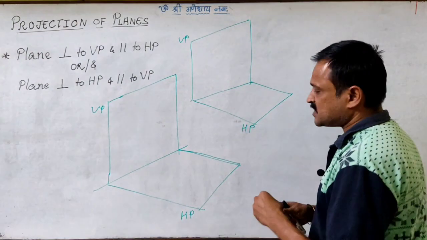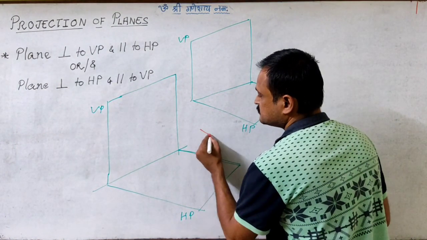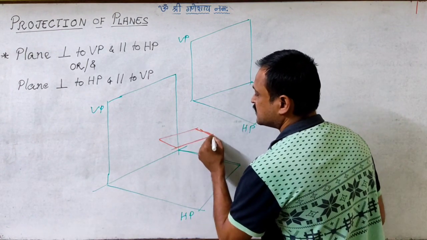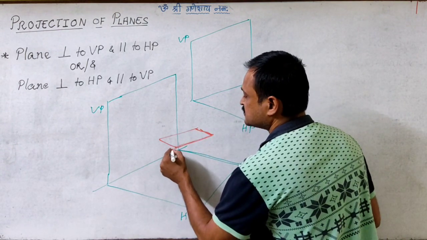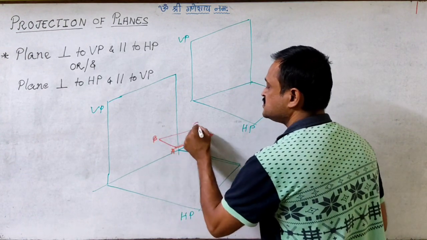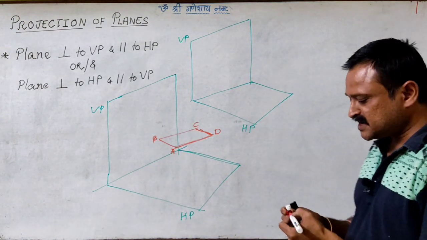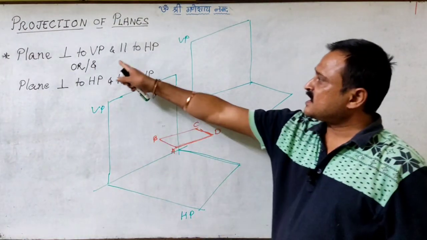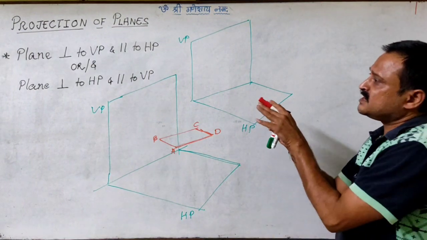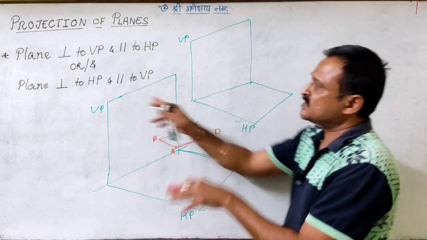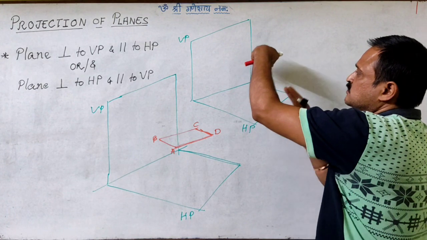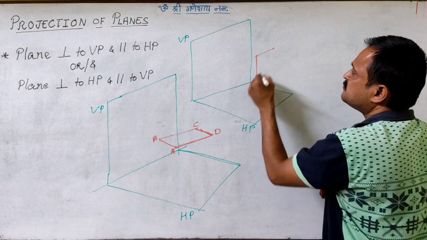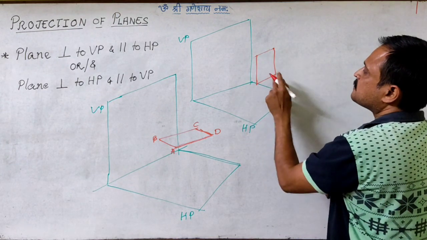Again I will consider a rectangular plate and name its corners A, B, C and D. This plate is perpendicular to VP and parallel to HP. And the second case is that the plane is perpendicular to HP and parallel to VP. So maybe this plate is kept this way.